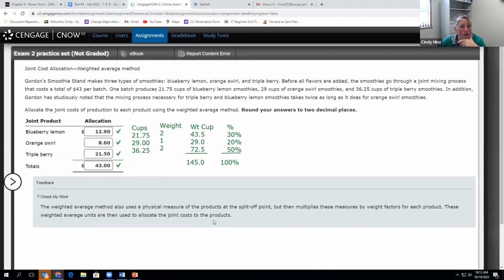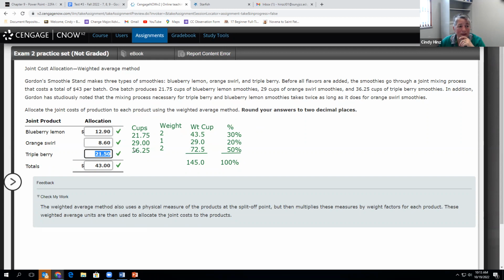Probably gives this company a better understanding of how to set the price for the product, for example. Now, I'm not suggesting that this company automatically is going to charge more for the triple berry, what are these, smoothies? But based on this cost allocation, we might want to.